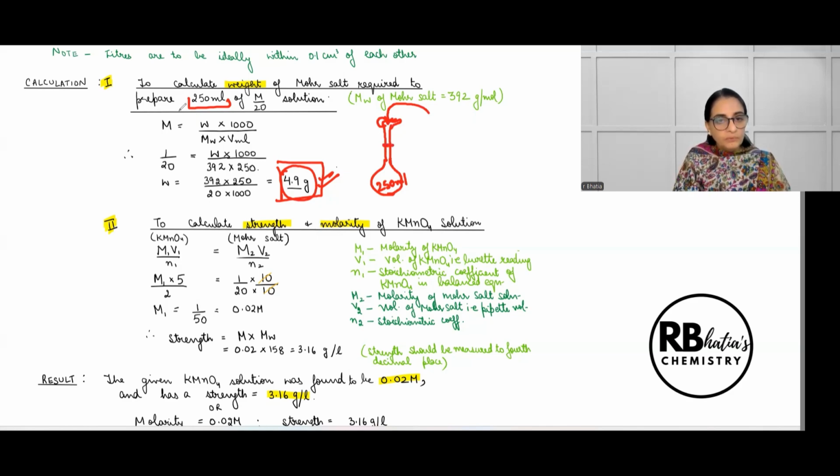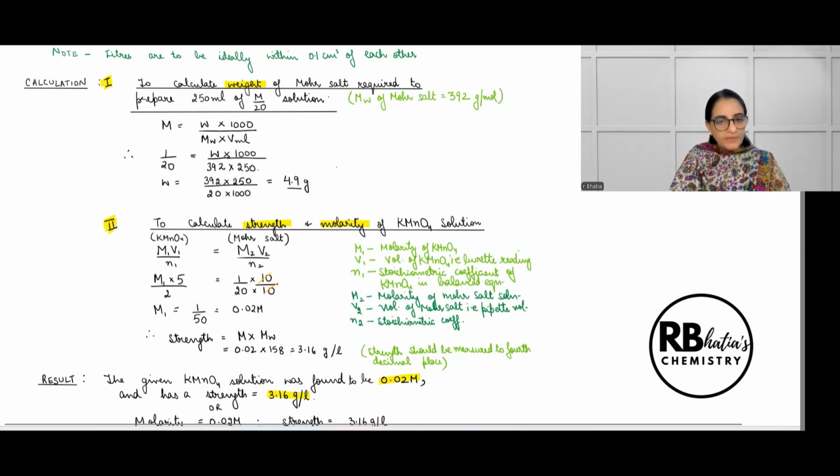Remember, we do not add 250 ml water to 4.9 gram, but we add water to 4.9 gram till the total volume becomes 250 ml. Very important for you to understand. This can also be an important viva question.